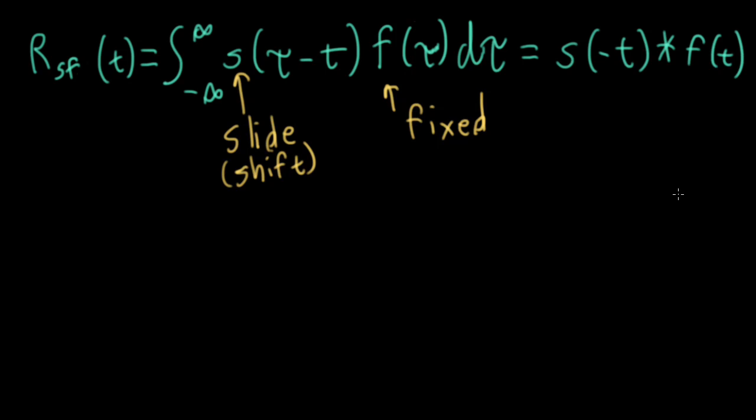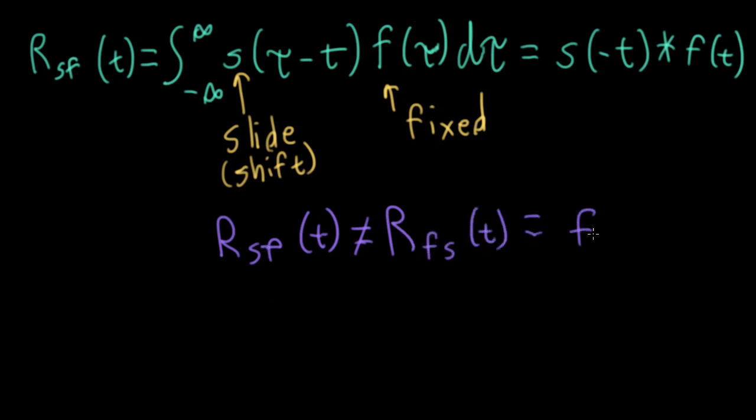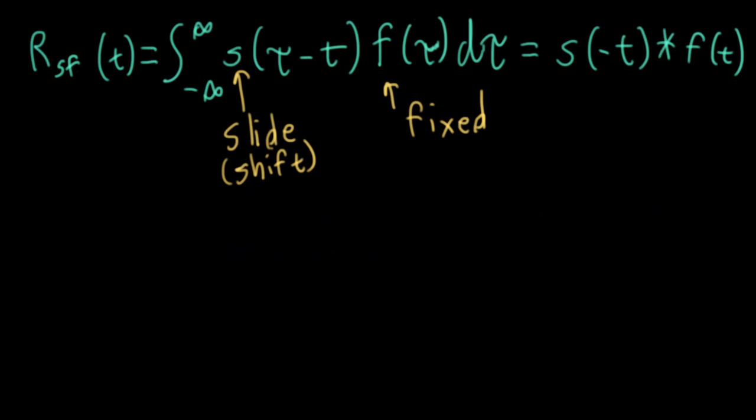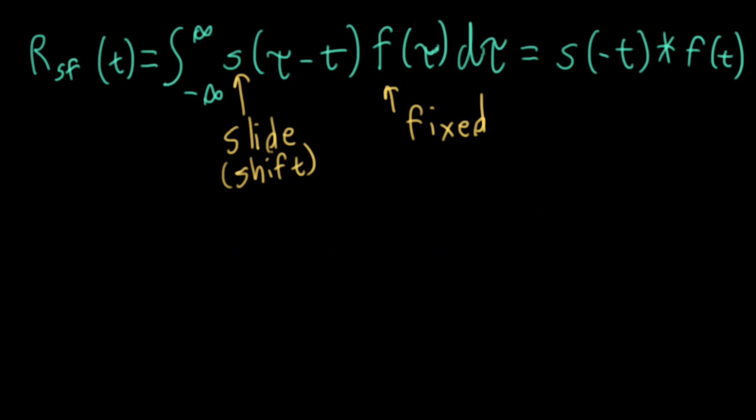Yeah, it's confusing. Just deal with it. And once again, notice that in general, cross-correlation is not commutative. Because if I think about what this R_fs is here, now, of course, this would be f of minus t convolved with s of t, and these in general are not the same thing. Let me show you another way of writing this cross-correlation.